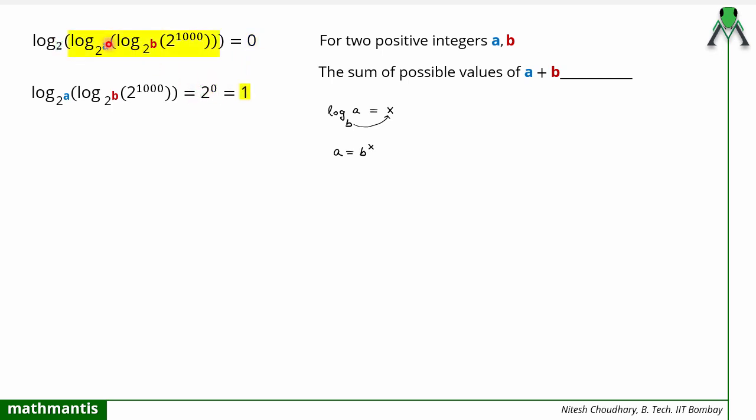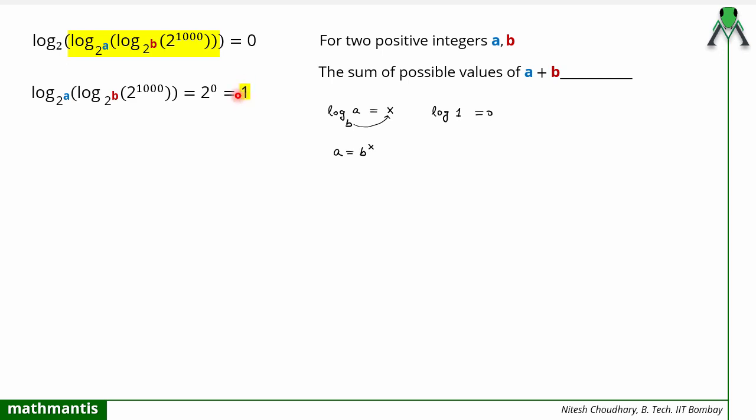We also know log of 1 is 0, so if a logarithm is given to be 0, we can directly equate its argument to 1. This is how we will start the question.